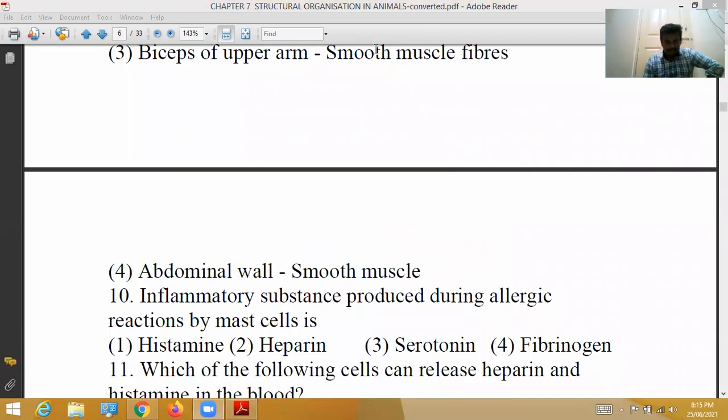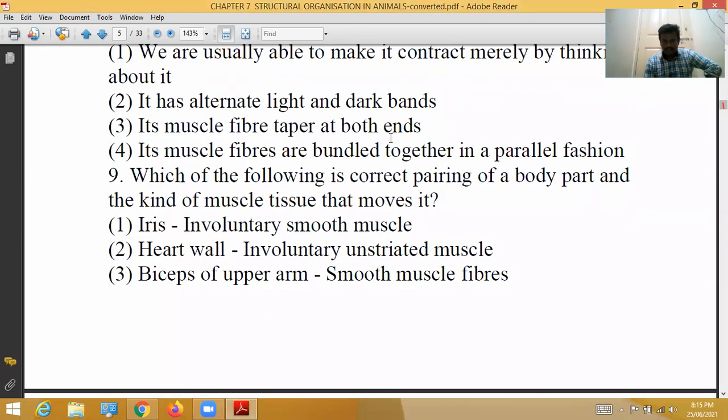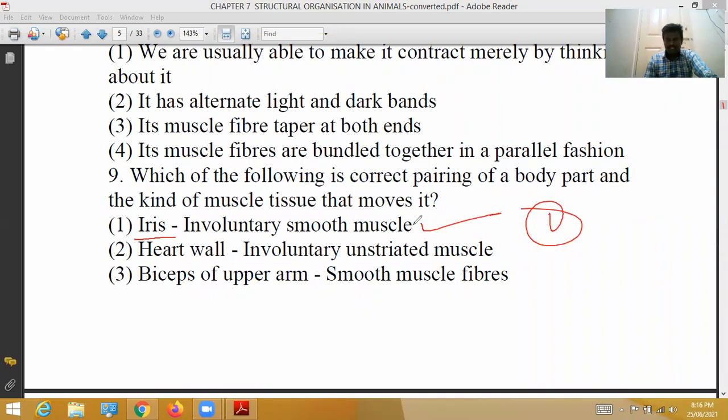Next, the fourth, muscles in the abdominal wall, are skeletal muscles. So among the 4 options, the correct option for this question is the first option, iris, involuntary smooth muscles. Option 1 is the correct option.